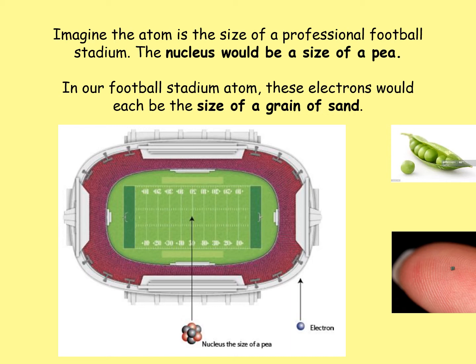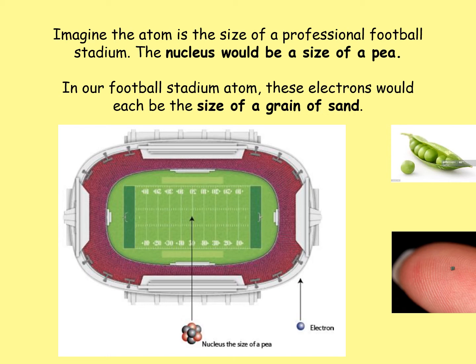If we wanted to think about the electrons that are whizzing around the outside of the nucleus of this atom, we'd have to think of a grain of sand, okay? One single grain of sand, and that's approximately the size of an electron as it would be shooting around the outside in shells. And think about the size of a grain of sand compared to the size of a pea.